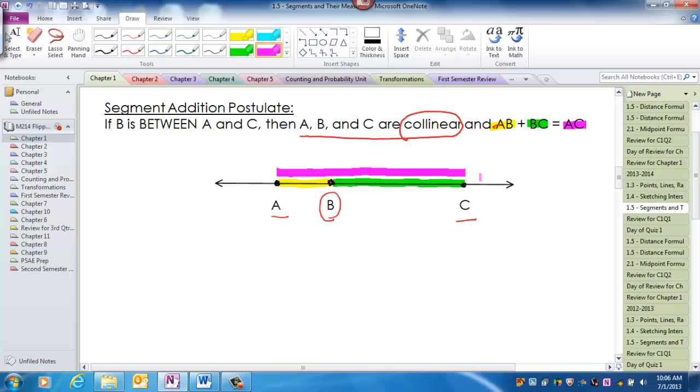So for example, let's say that AB is 5 units long, and then the measure of BC is 11 units long. If you were asked to find then the measure of the purple, the measure from A all the way to C, you would add that together, the 5 plus the 11, and that would be 16 units long.